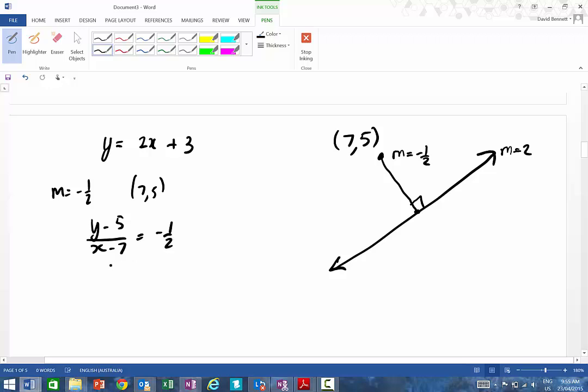And so therefore I'm going to cross multiply. I'm going to do it the quick way, so I'm going to say it's 2y take 10. Having a little bit of trouble here with my pen for some reason. Okay.